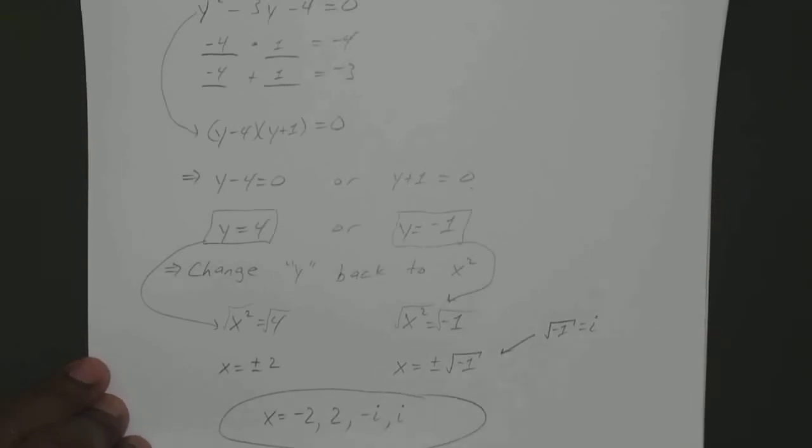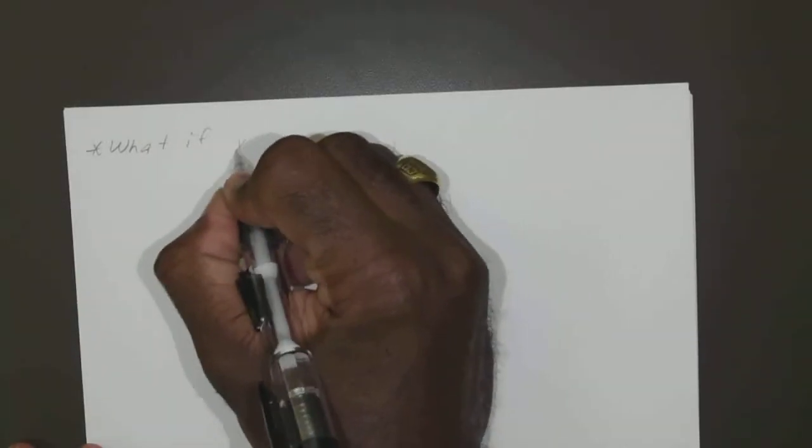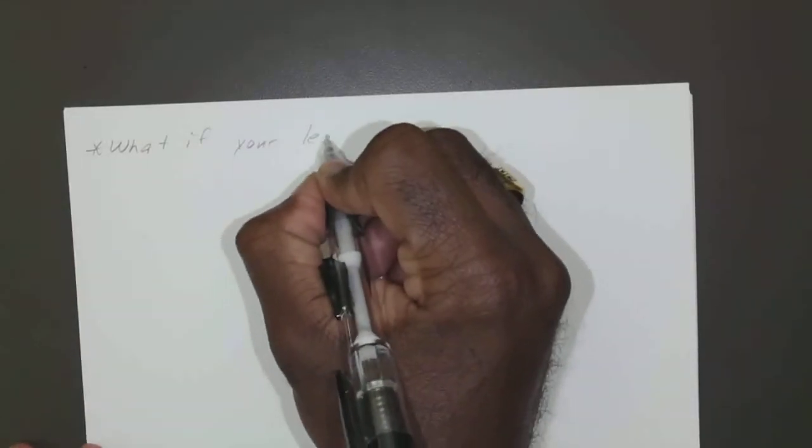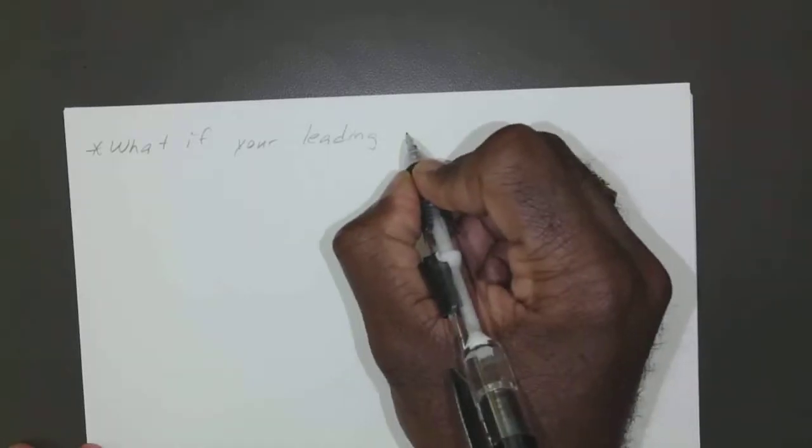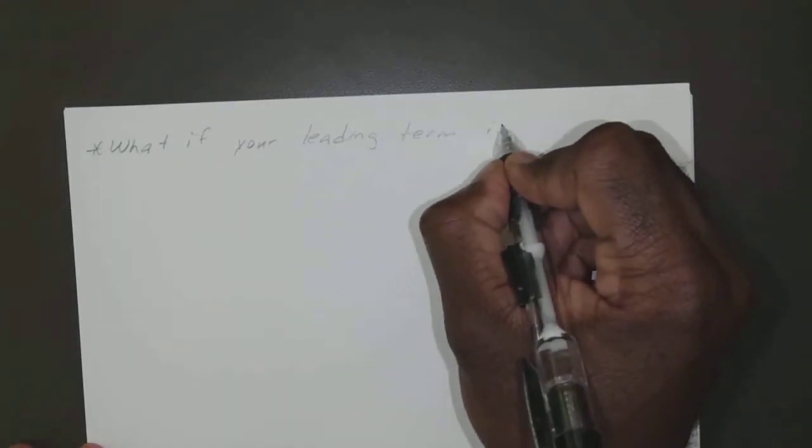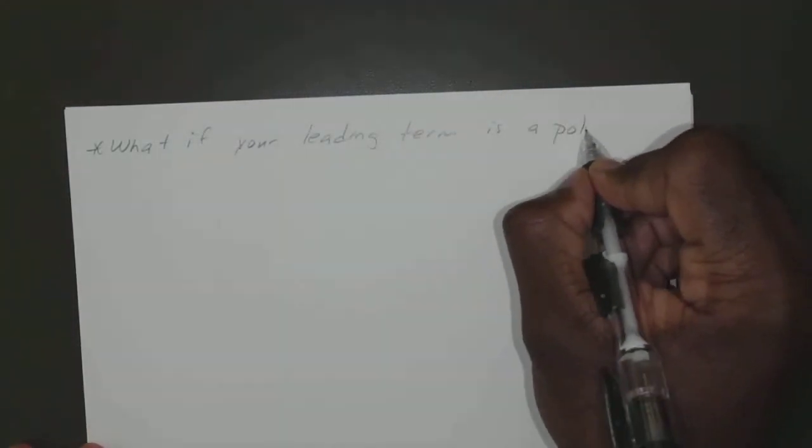Okay, so that's if your leading term is x to the fourth power. What if your leading term is a polynomial?